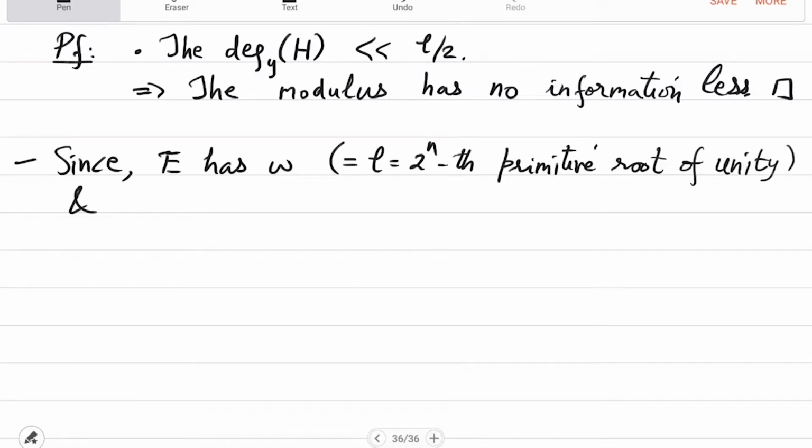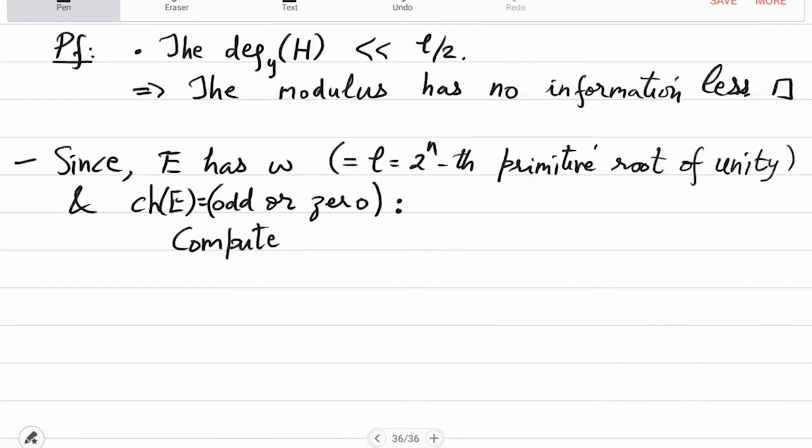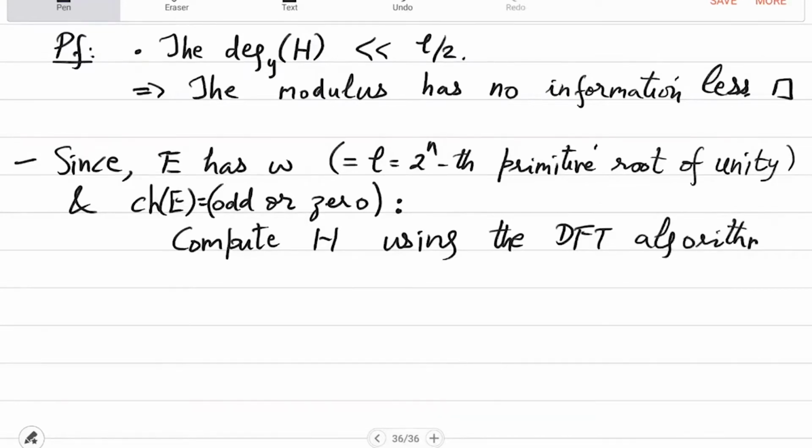And obviously you are also assuming that the characteristic of E is odd or 0. So because of these assumptions, you can compute big H using the DFT algorithm that you saw in the last class.